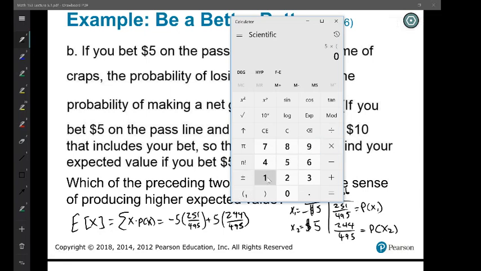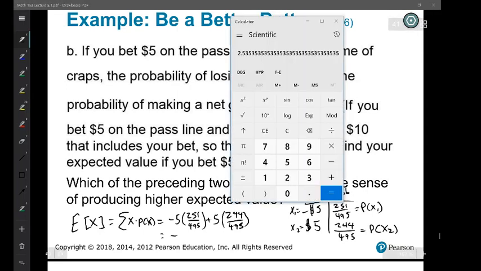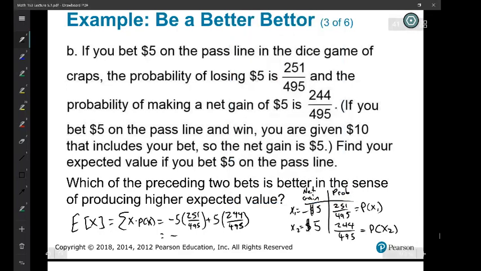Five times 251 divided by 495 is negative $2.53.